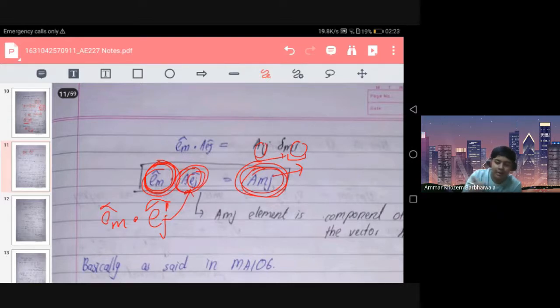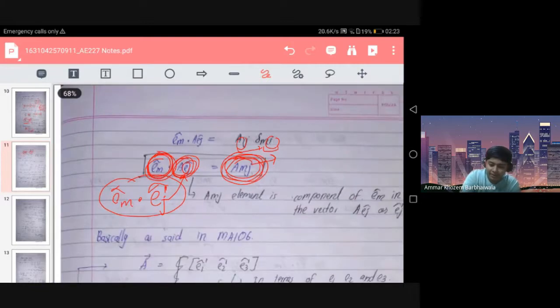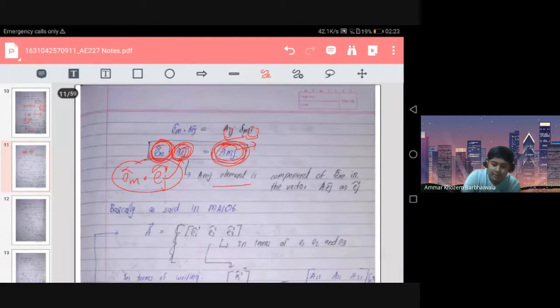If I apply the matrix a on ej cap, I get ej dash, and em dot ej dash gives me amj. So any element is a component of em in the vector ej dash, or a ej.